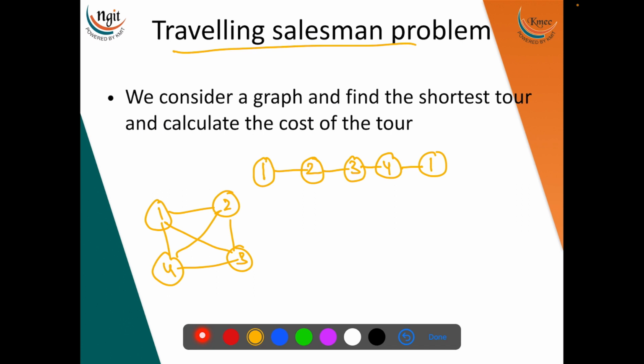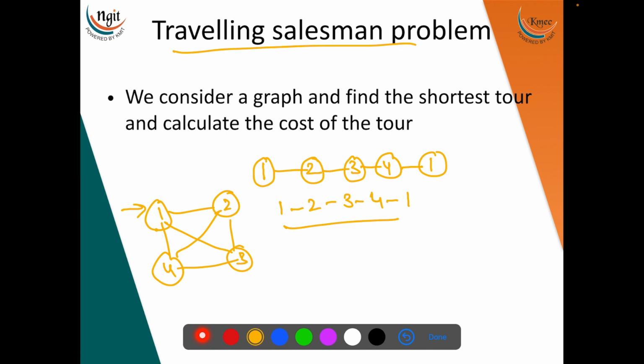When he starts the tour from the starting vertex, which is 1, he can go from 1 to 2, 2 to 3, 3 to 4, and for sure he has to come back to the starting city, which is 1. This path can be anything, so whichever path is available, he'll choose.